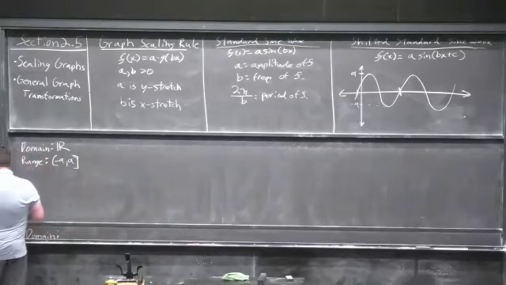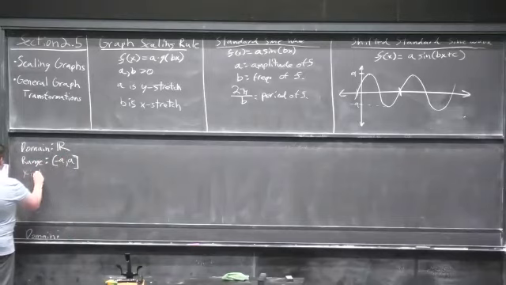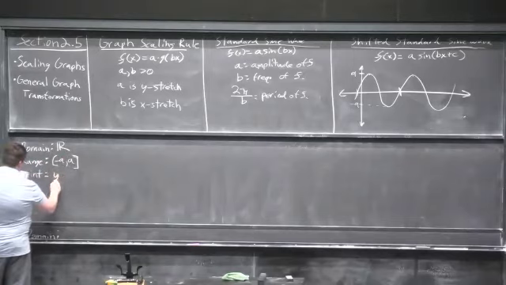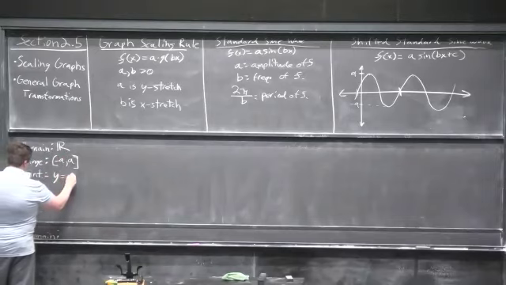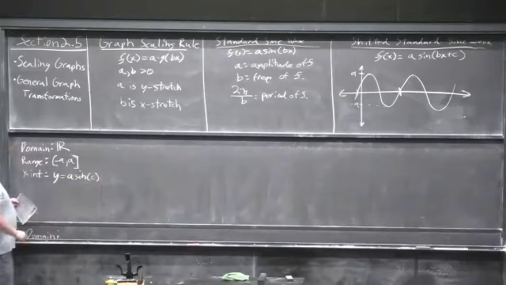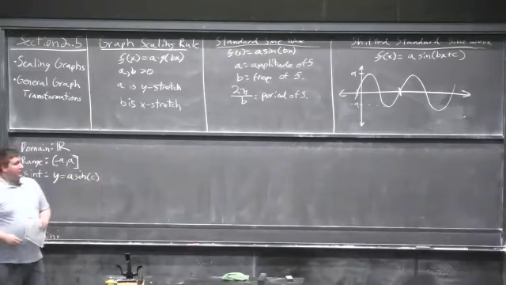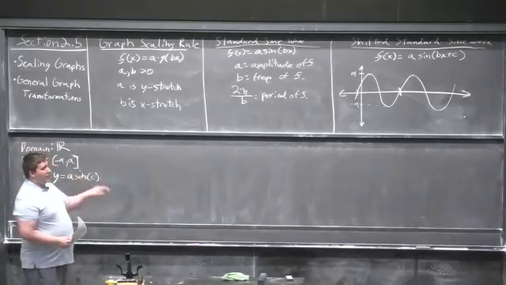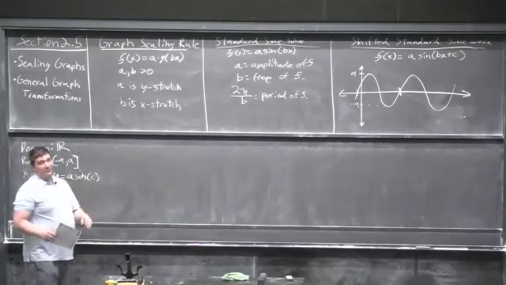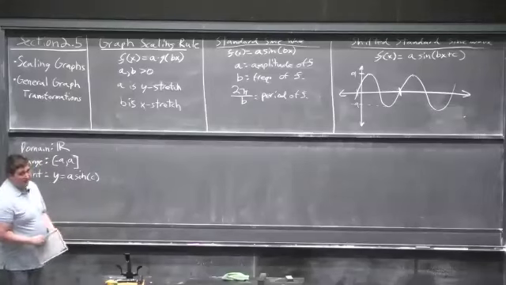We'll also see that the y-intercept will equal y equals a sine c. And we can simply just plug in a 0 for x. That'll annihilate the b. And so we have a times sine of whatever's left on the inside, and that'll just be c.